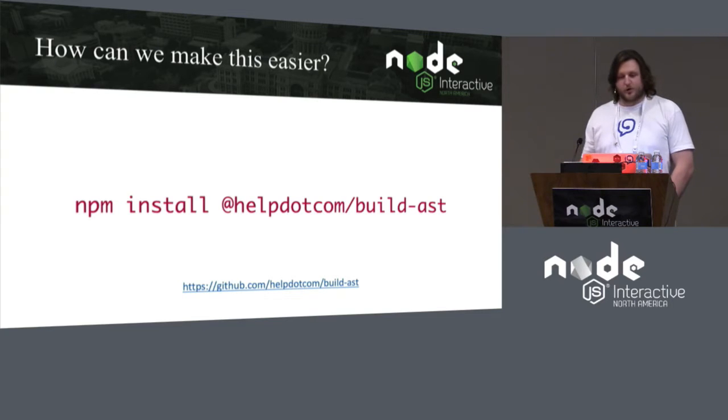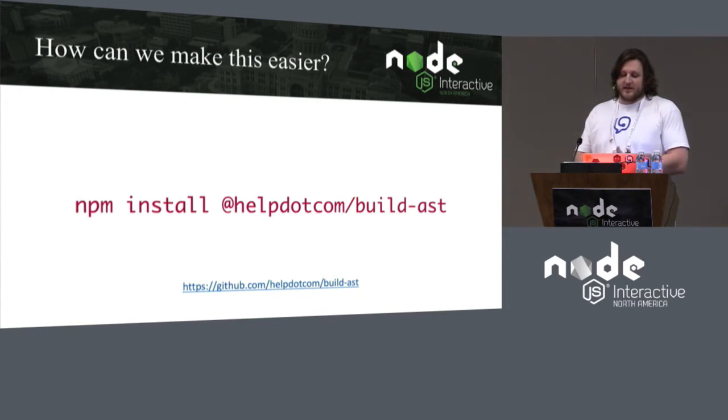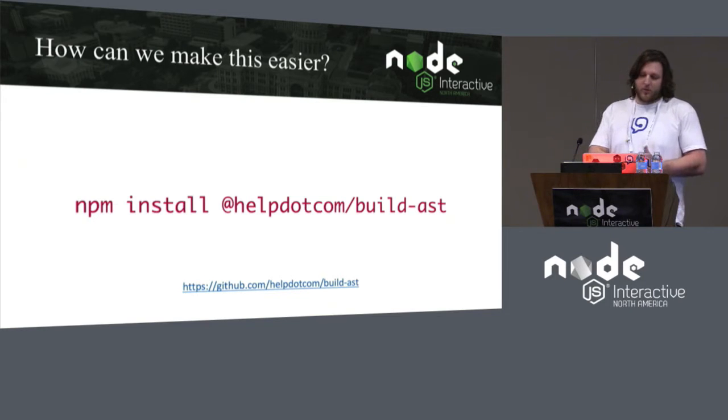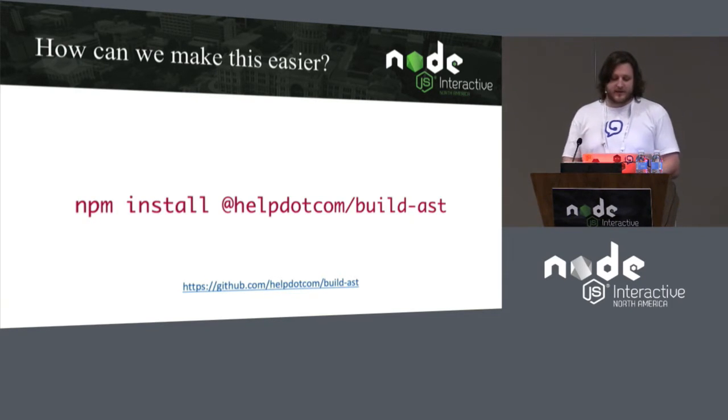We have been doing more code generation at Help lately, and one thing we noticed when using ES CodeGen is that you pass in these objects, and when you don't pass in the correct thing, you don't get the best error message. So that's part of what we've been working on, but we've also been trying to come up with a way to make it easier to construct those objects.